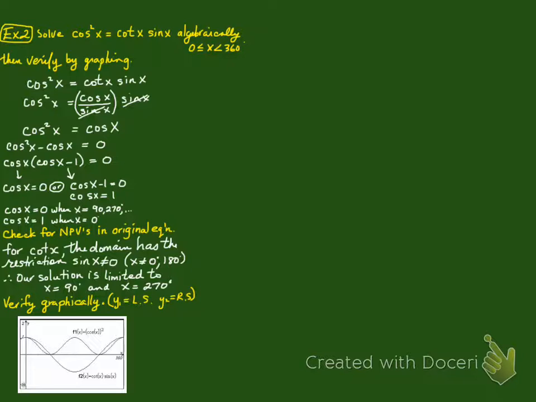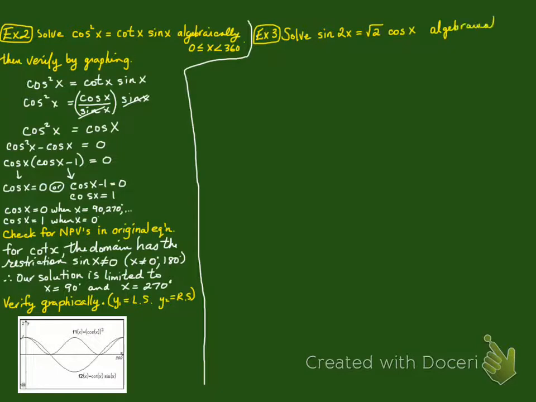Is that right? 90 degrees? Let's see. Yes, 90 degrees. At 180 degrees, they're way farther apart, and then at 270 degrees, they're crossing again. It also looks like they cross at 0, but you remember that that was our non-permissible value.